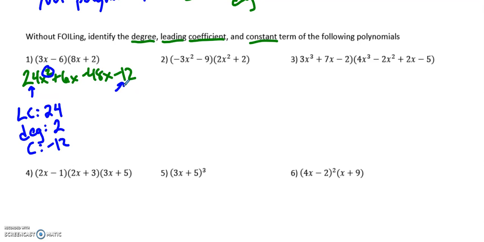So if I look back up here at my original, the leading coefficient and the degree both come from the first times the first. I get that 24x squared. So if I look at the 3x times the 8x, I get both of those pieces of information. And then the negative 12 in this case just comes from last times last, the negative 6 times the 2.